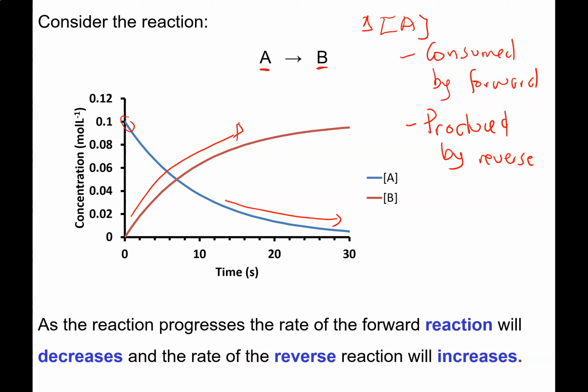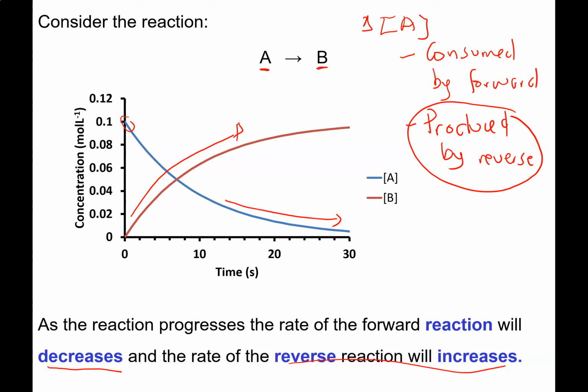What's going to happen is, as this progresses, the concentration of A will go down, and so the rate of the forward reaction will decrease. As the reaction progresses, the concentration of B will increase, and so the rate of the reverse reaction will increase, and the amount of A that is being produced by the reverse reaction will become more and more dominant.